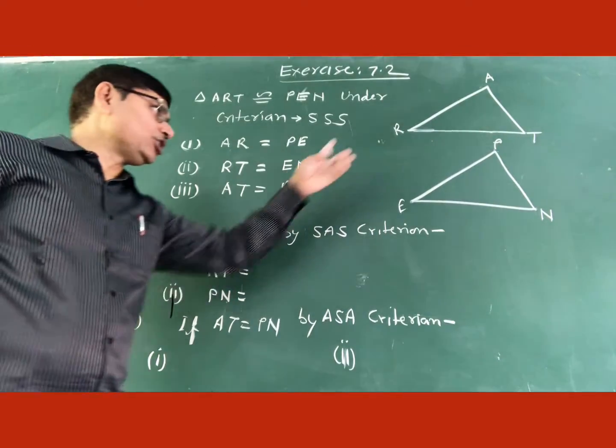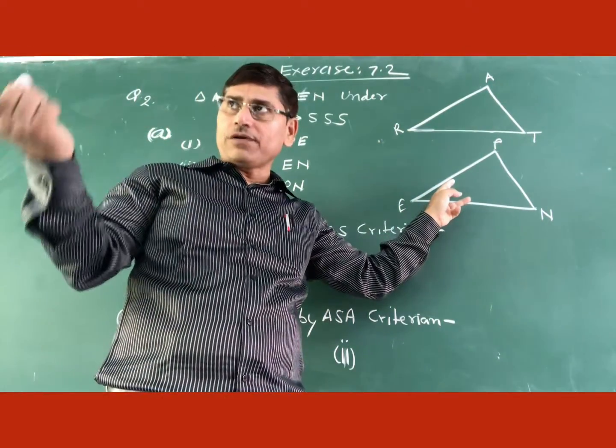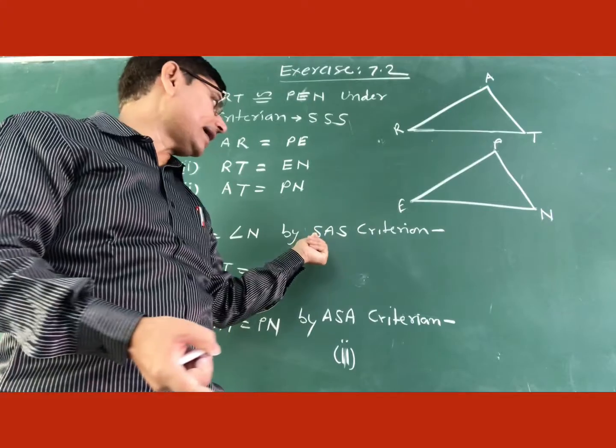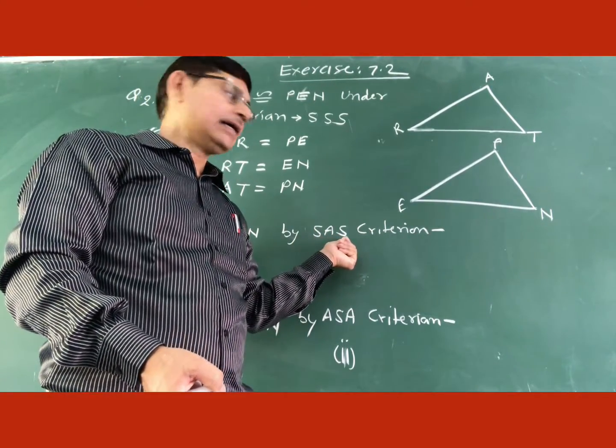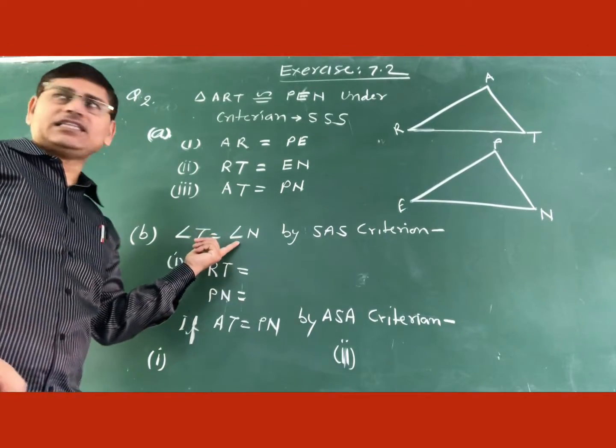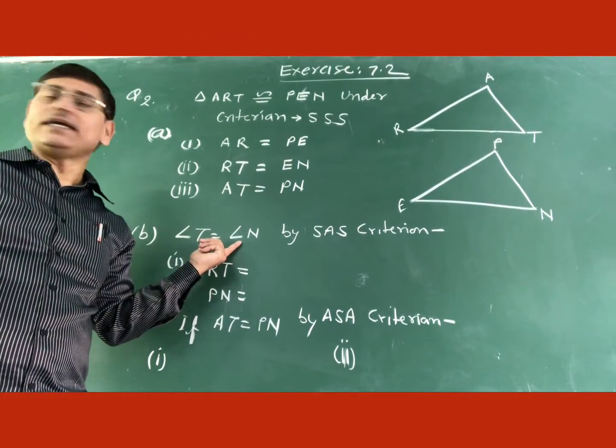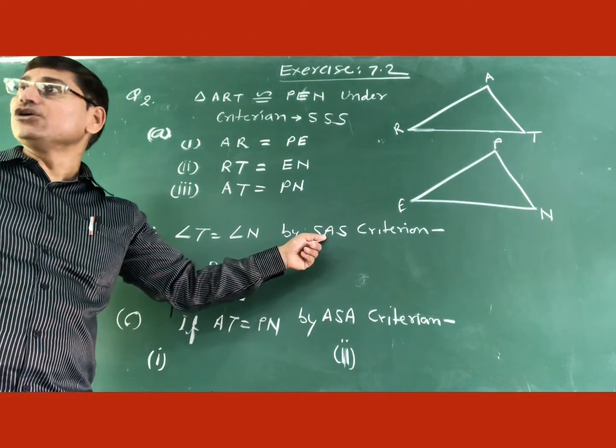After that, if these two triangles are congruent under the criteria SAS, side angle side, the A means this one is the included angle.